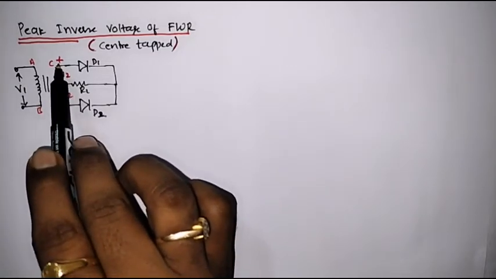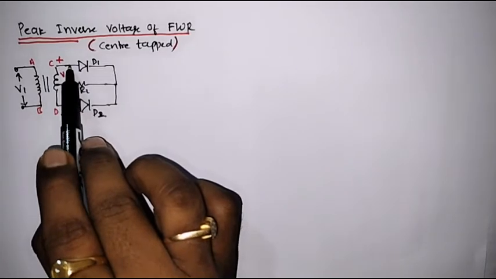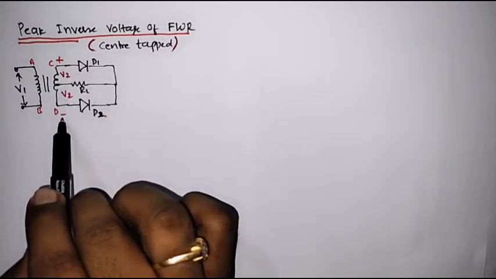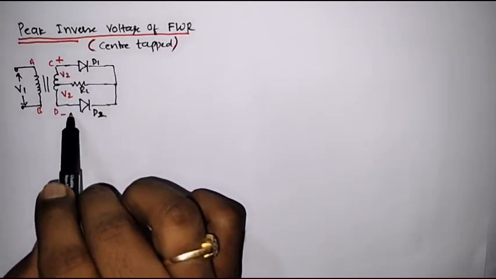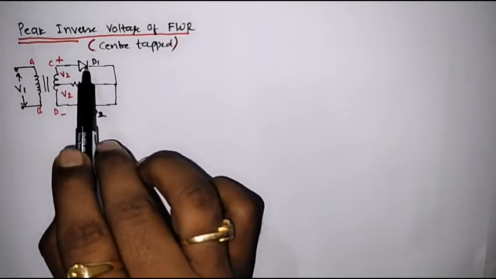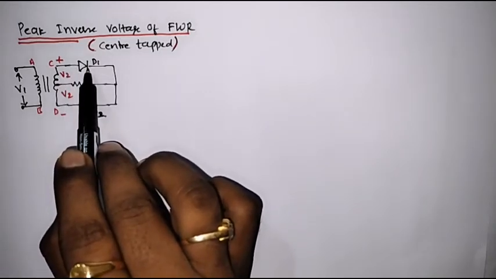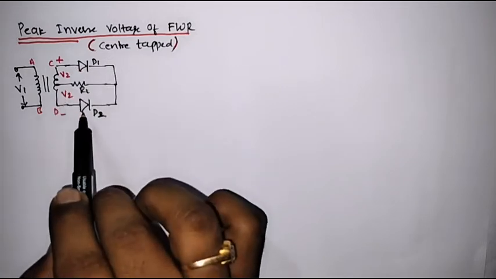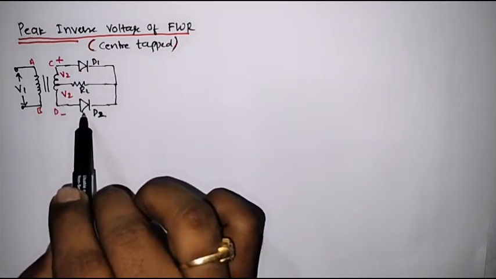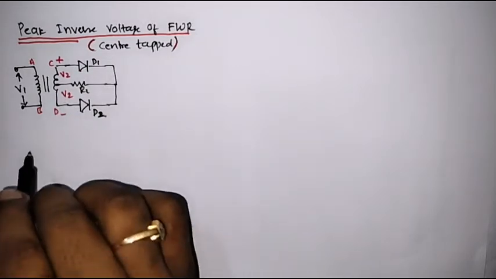In this case, the positive is applied to the anode of the diode D1 and negative is applied to the anode of the diode D2. Therefore, diode D1 acts like a short circuit as it conducts, and diode D2 does not conduct, it acts like an open circuit. I'll draw the circuit here.